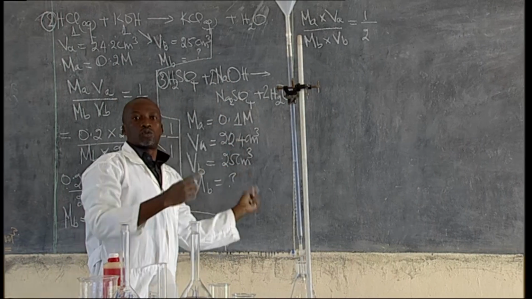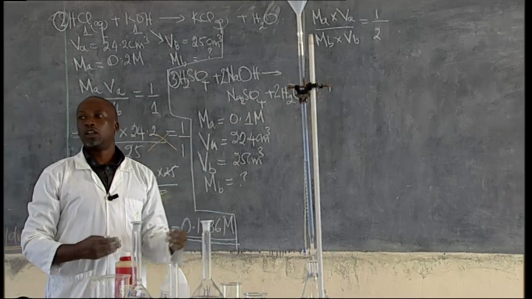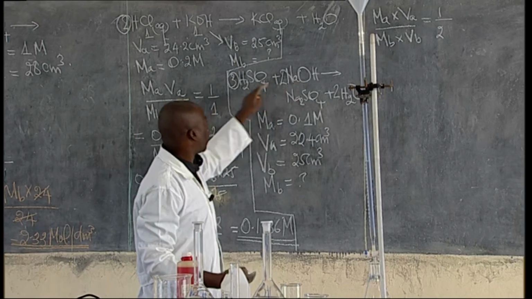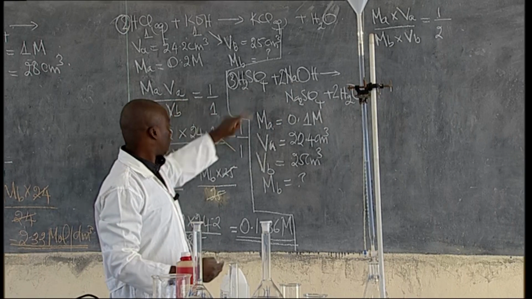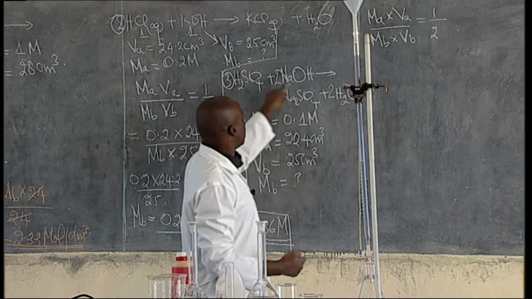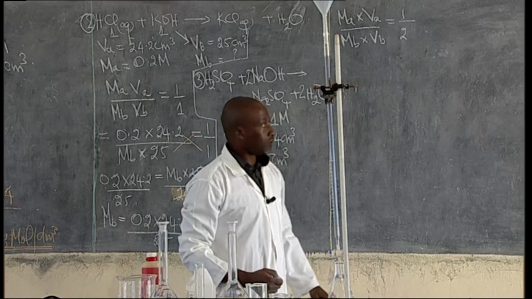It is not always 2:1. It depends on what you have written, on how the reactants are organized. Did you start with the base or did you start with the acid? So you need to note that one. The acid is 1, the base is 2. So that will be 1:2.